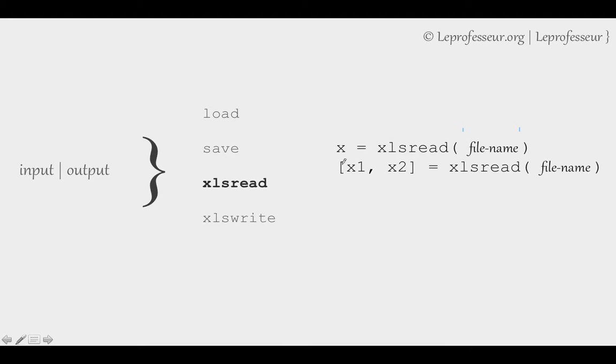Or you can have, say, two columns, x1, x2, and the information read from the file will be stored in x1, x2. So you may have the same structure in the Excel file for the columns.